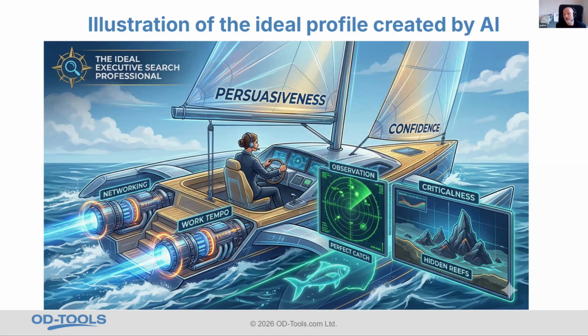And observation and criticalness are the ones that guide you to find the perfect catch and to avoid hidden reefs. So this is the AI. And let's see how similar it is to the other methods.